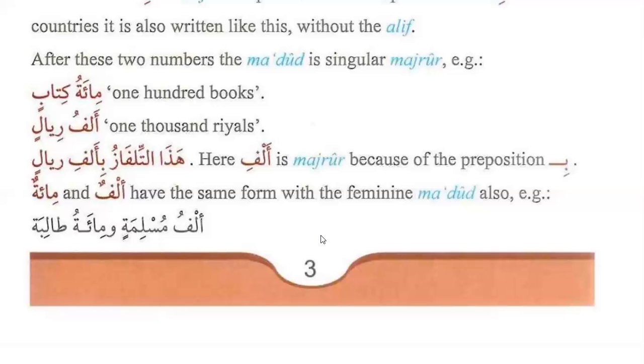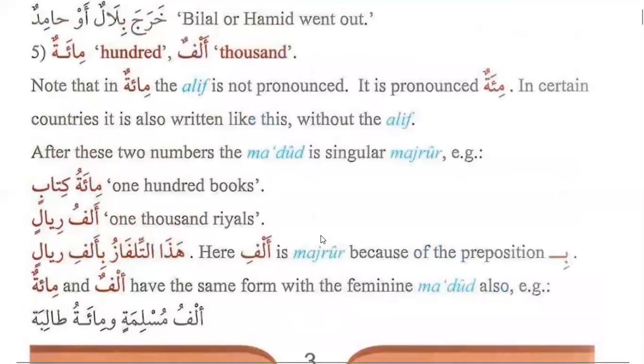From 11 till 99, mufrad mansoob. Now you will learn about 100 and 1000. With 100 and 1000, the madud is mufrad majroor.